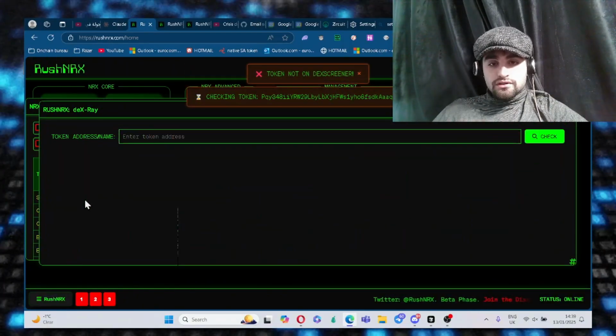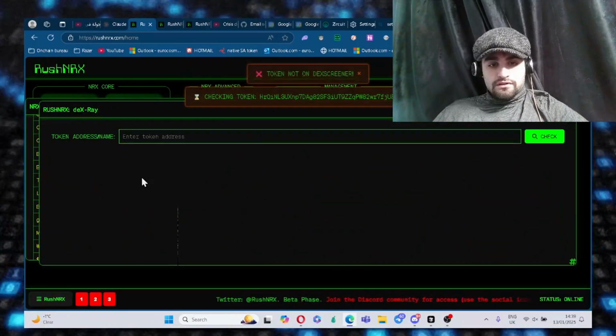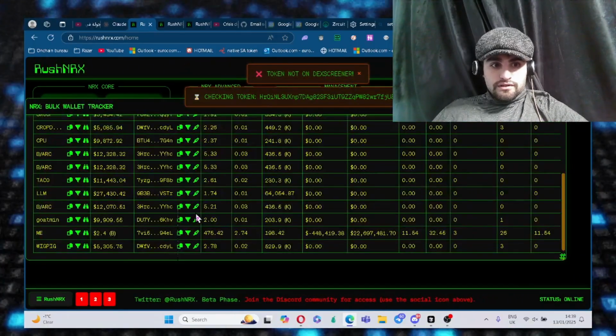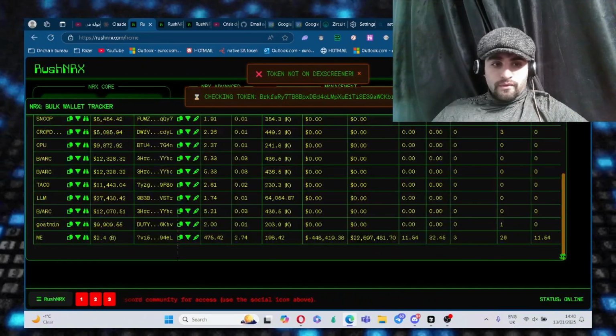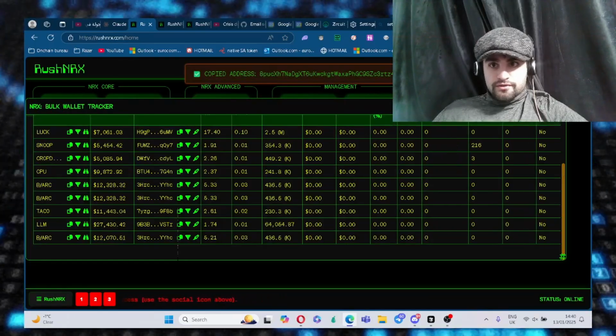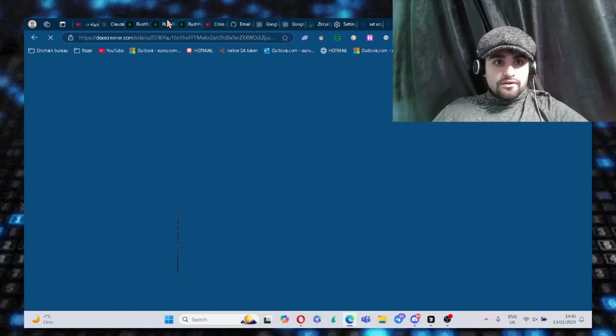Checking token. Token not on Dexscreener. Okay, maybe this one. Not on Dexscreener. Maybe there is a bug or something. Let's check if it's really on Dexscreener or not.